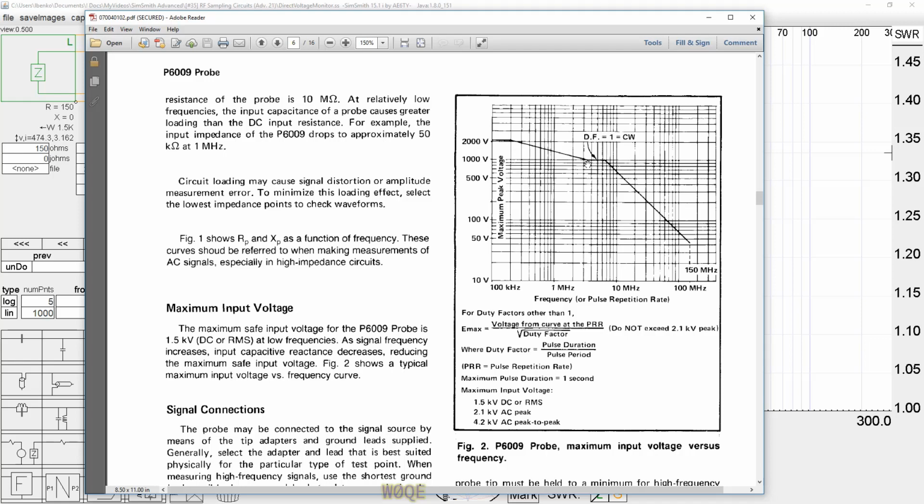And then it tapers down to about 1,000 volts peak through the lower part of the HF region, and then it drops after that. By the time we get to 100 megahertz, we're looking at somewhere around 50, 60, maybe 65 volts peak. 65 volts peak, 40-something volt RMS. That's the maximum that probe can do, independent of whether or not your oscilloscope says it's 50 volts per division or not. That's the maximum that the scope is rated at.